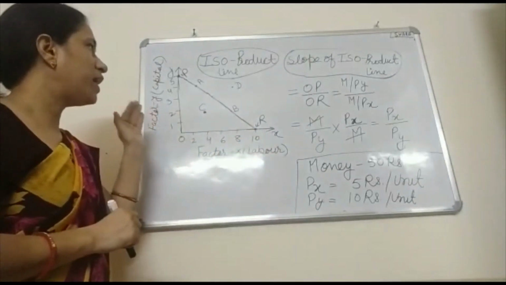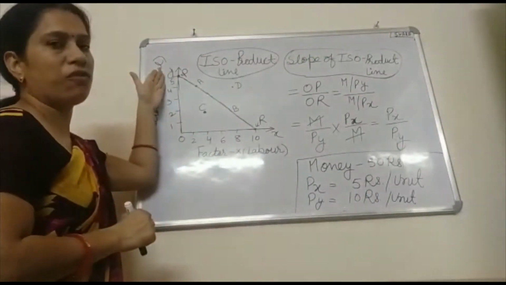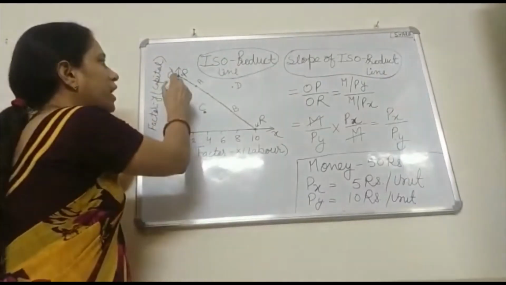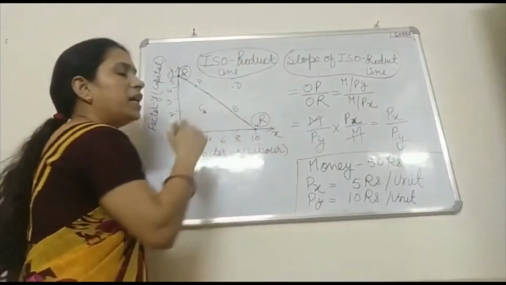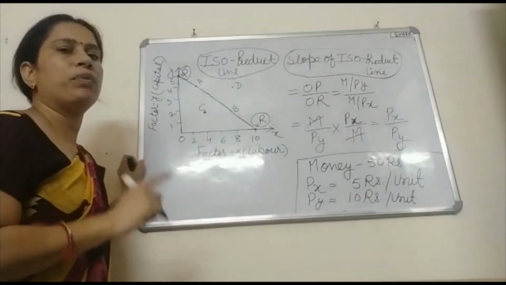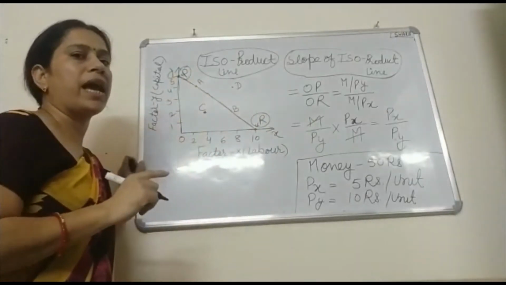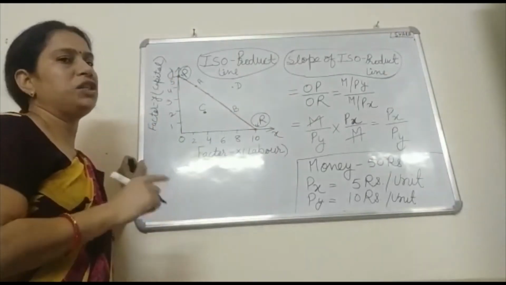If the producer spends all his money on Y factor, he will get 5 units of Y factor, and we get point P on the Y-axis. If we connect these two points, P and R, with a straight line, that is called the isoproduct line. On every point of this isoproduct line, the producer will be able to reach.